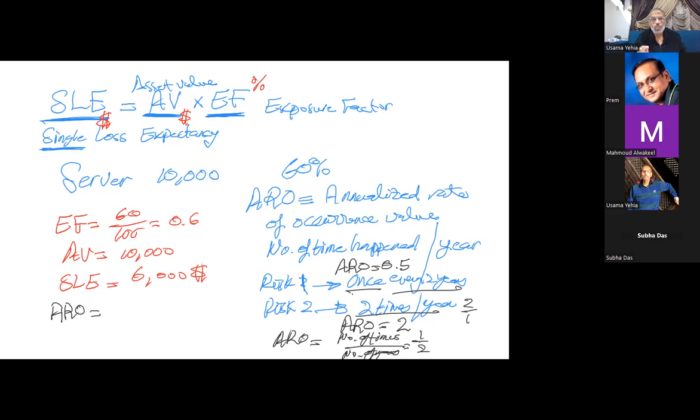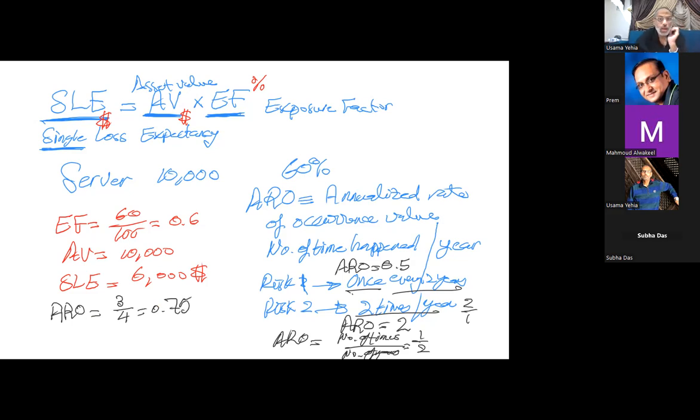Sorry, sir, what is it? 3 times every 4 years. Then it is 0.75, because it will be 3 over 4, equal 0.75.